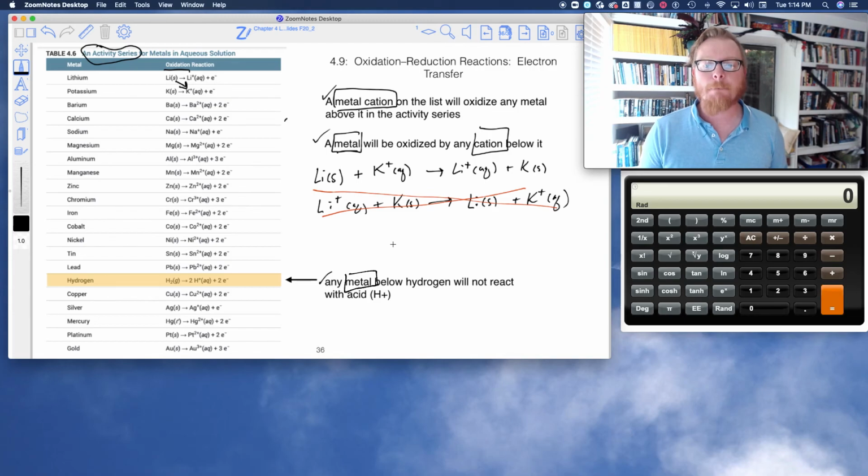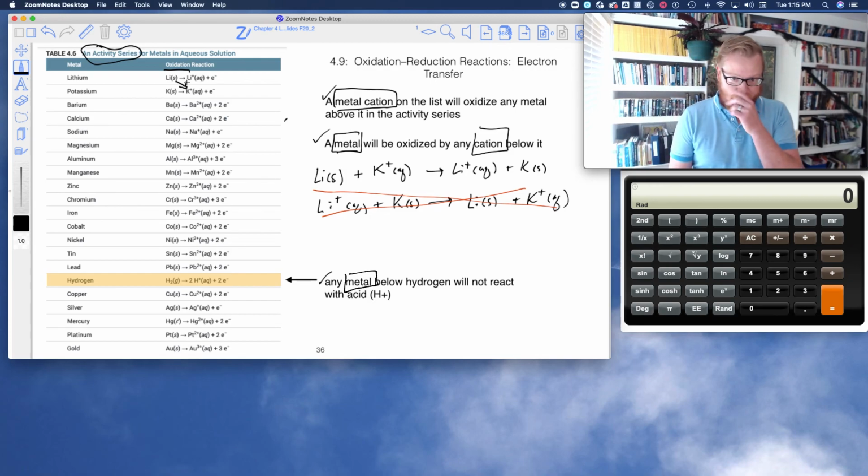Any metal below hydrogen will not react with H+. So it's the same thing we set up here. It's really the same thing. It's saying that any metal below will not react with H+. It's just like saying the K solid cannot react with the lithium plus, okay?